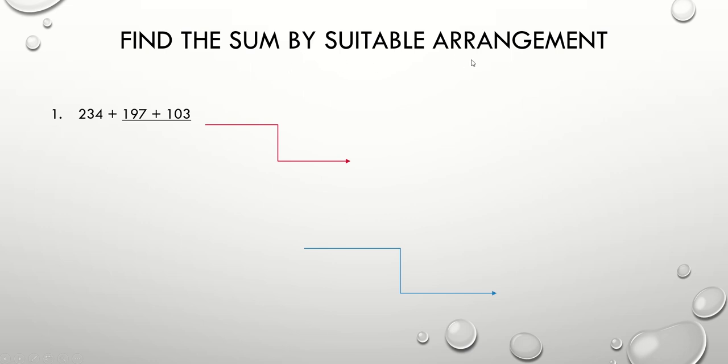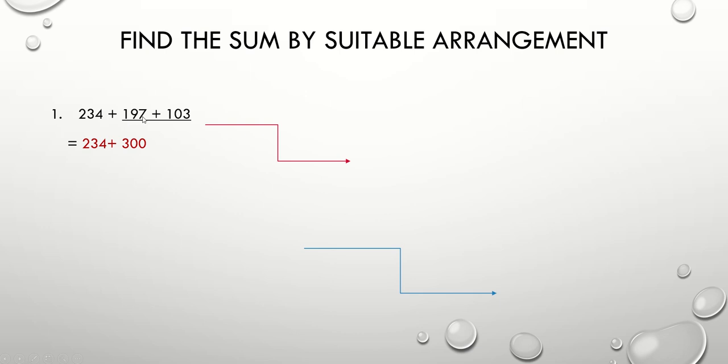Suitable arrangement means, beta, you have to use any property. Suppose you are using commutative property. We know commutative property will help us. How will it help us? Look here. I am combining these two numbers to make the calculation easy. Why?